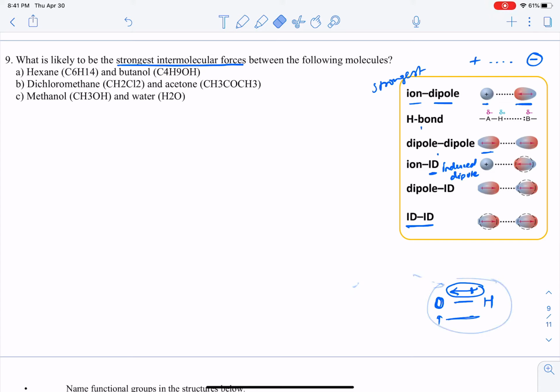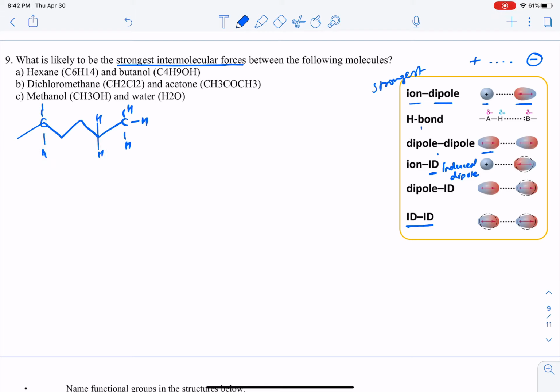Moving to the questions, I will make the structures so we can understand what's happening. First we have hexane. Making a structure, it's 1, 2, 3, 4, 5, 6. So it's a carbon chain, and it's the same all the way, carbon and H. Okay, and then we have butanol.